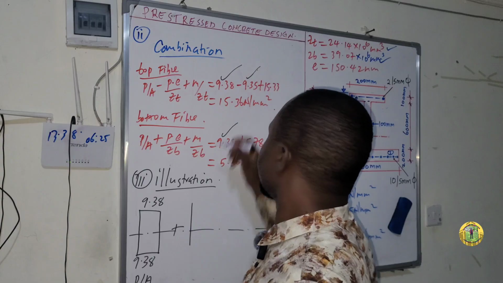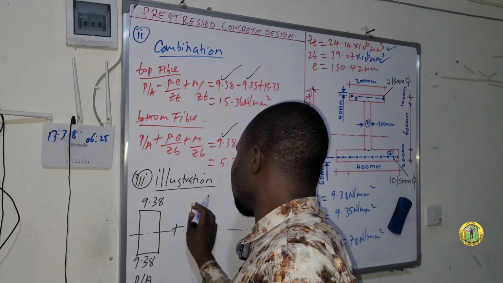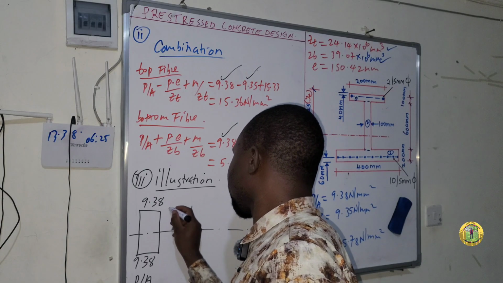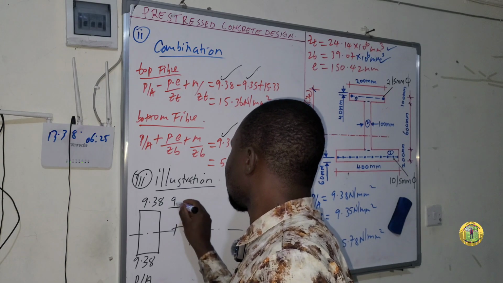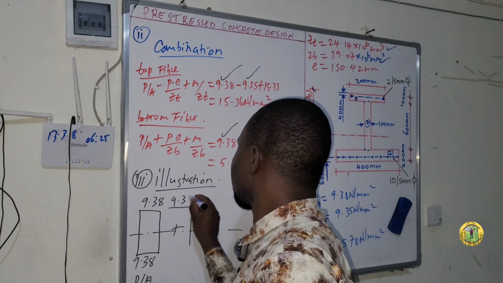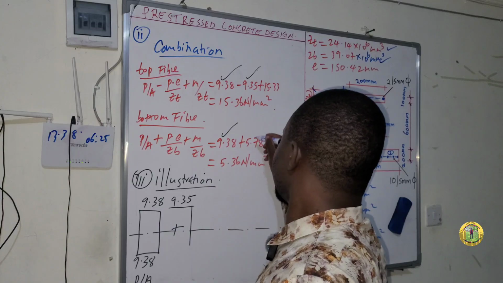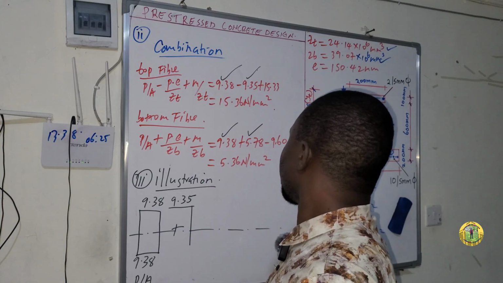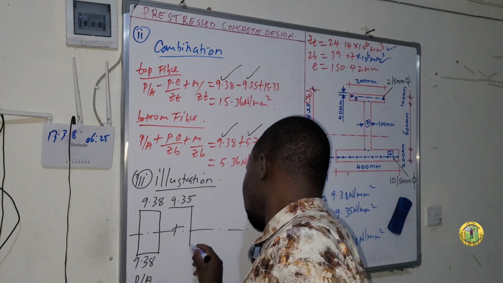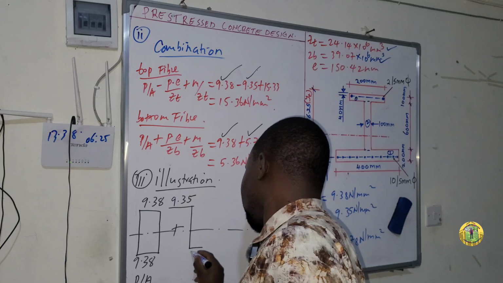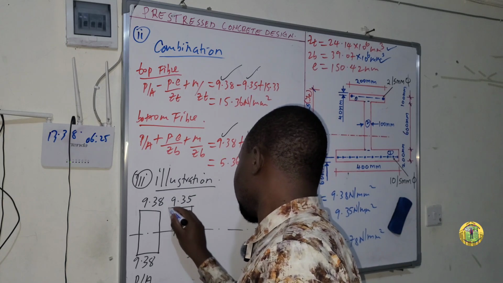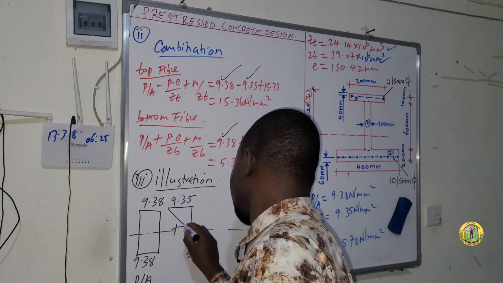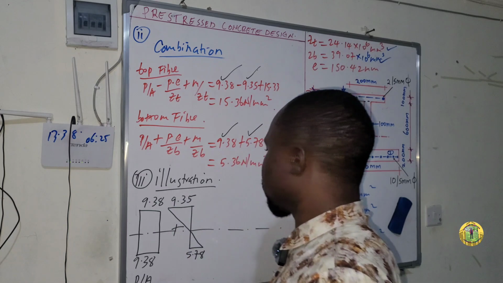So 9.35 it will be here, and then 5.78, and then you join the two like that.